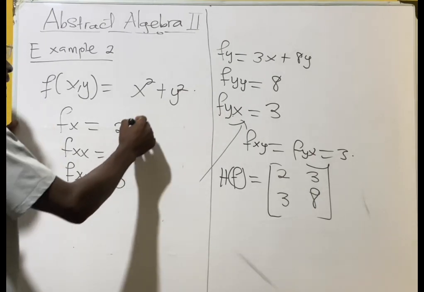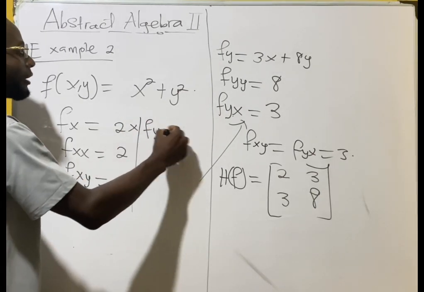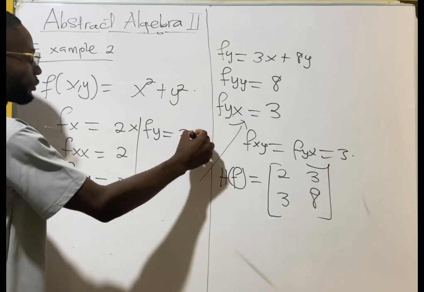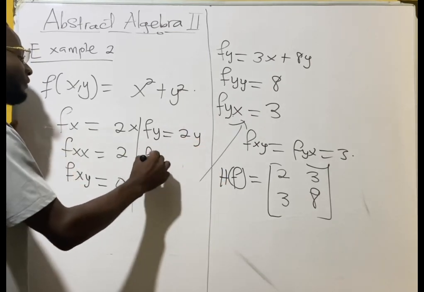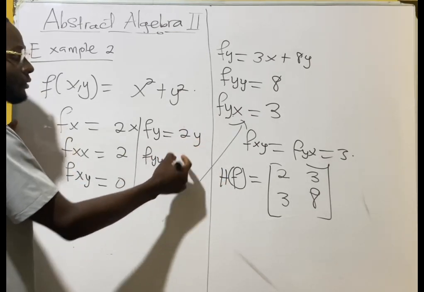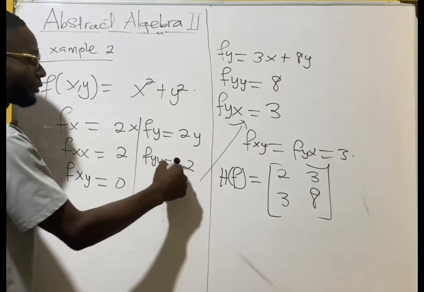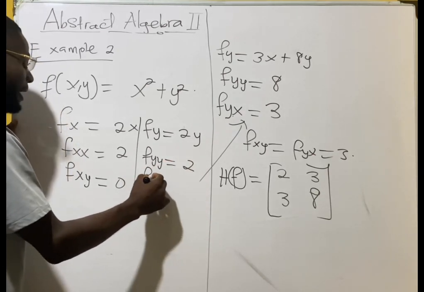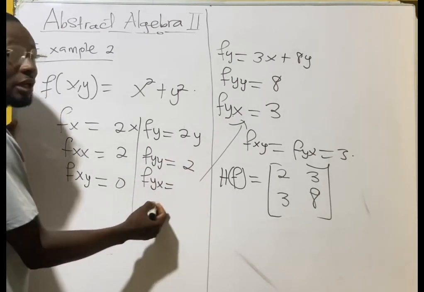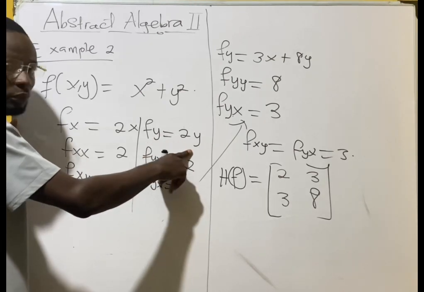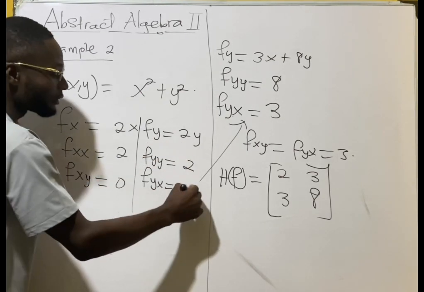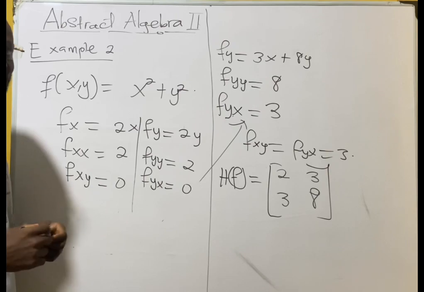Then we come to fy of this function: we have 2y. Fyy, we're going to have 2. Then fyx, differentiating this with respect to x, we're going to have 0. You see, it's very simple.